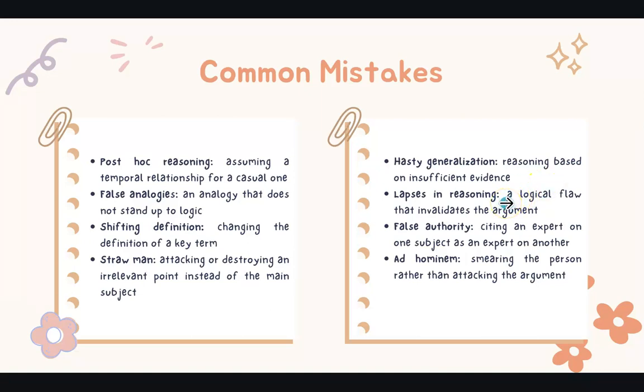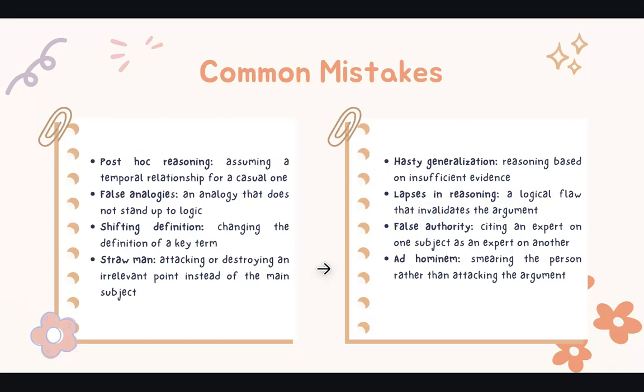Also, false analogies are really easy to do because so many analogies are created, but if it doesn't stand up to logic, like it says here, it's going to misconstrue your entire paper and what you're trying to really focus on.